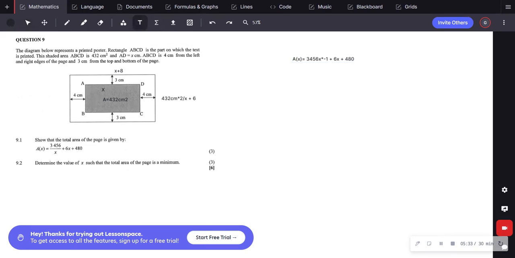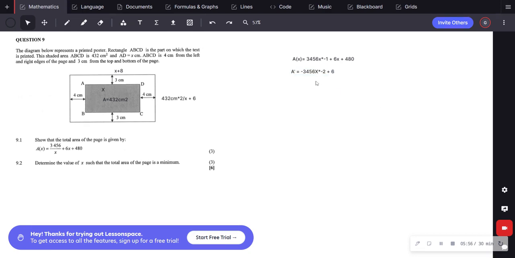And now A prime equals negative 3,456 times x to the power of negative 2 plus 6.